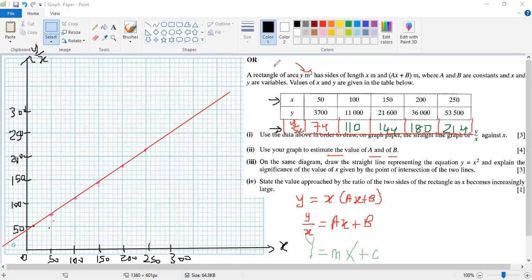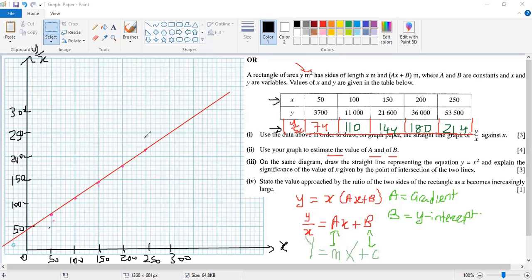So the gradient, as you can see, we can match to the constant a. So a is the gradient. And similarly, we can match the b directly. Sometimes it could be a factor or constant, then we just do some algebra. So the constant b is the y-intercept. Okay, let's read these two values off the graph.